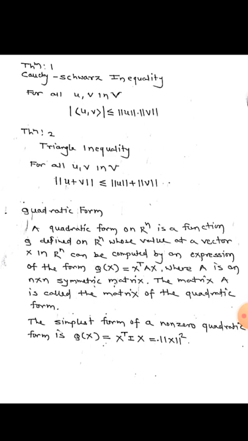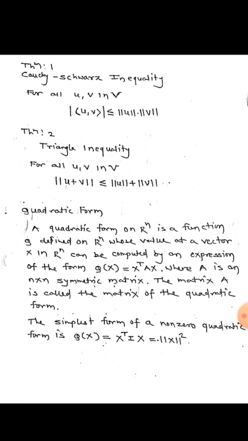Now, quadratic form. A quadratic form on R^n is a function q defined on R^n whose value at a vector x in R^n can be computed by an expression of the form q of x is equal to x transpose A x. Here x is x1, x2, x3, and because x is a column vector, x transpose is a row vector, where A is an n by n symmetric matrix.